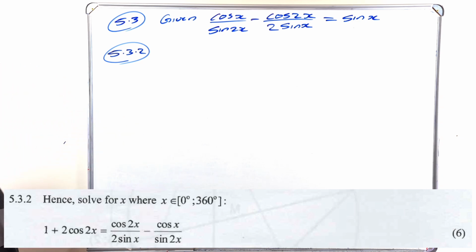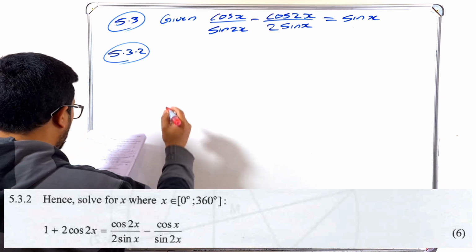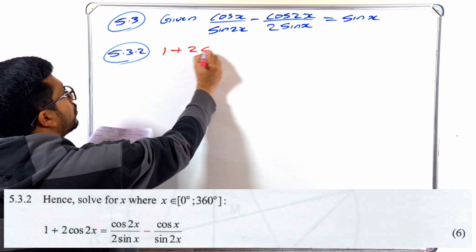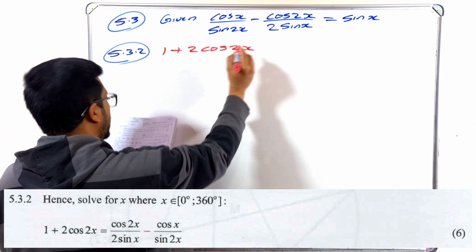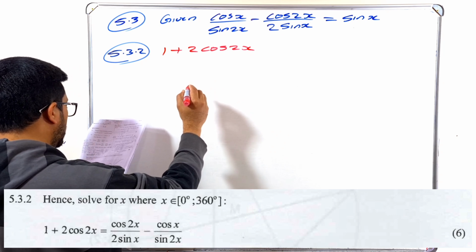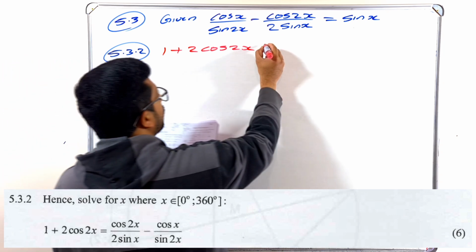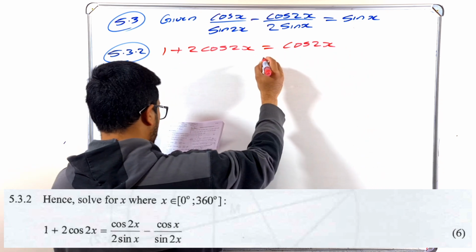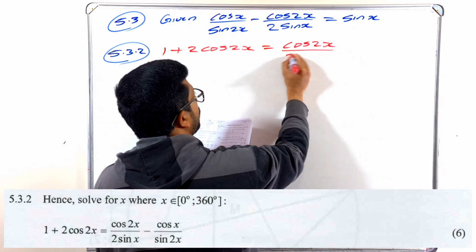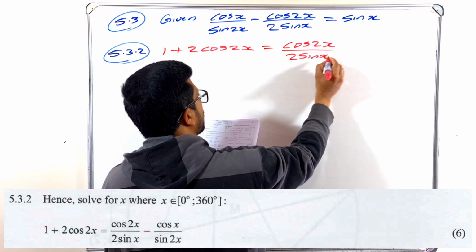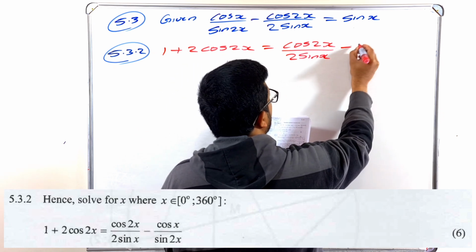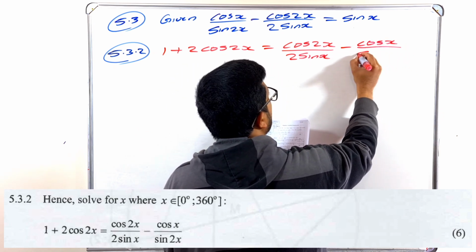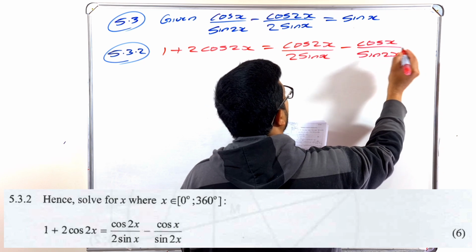The question is 1 plus 2 cos 2x is equal to cos 2x divided by 2 sin x minus cos x divided by sin 2x.